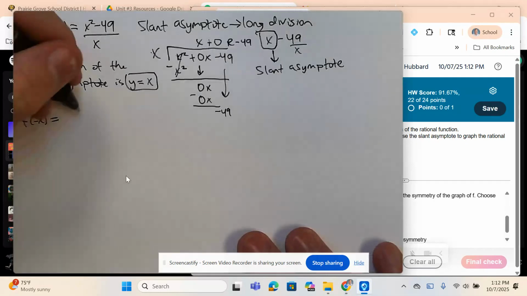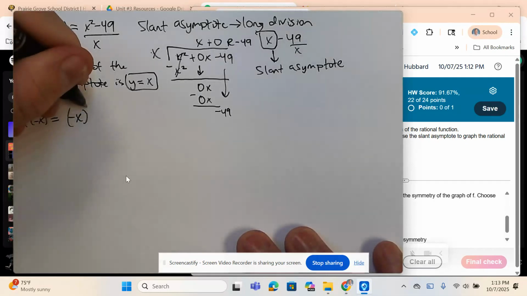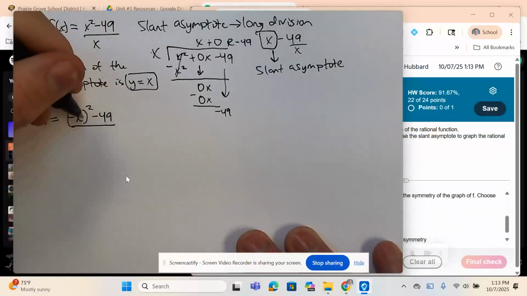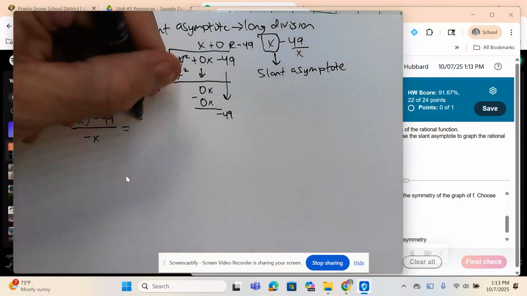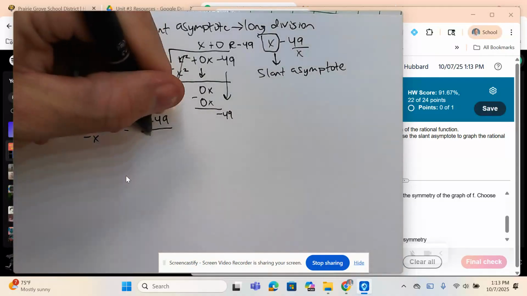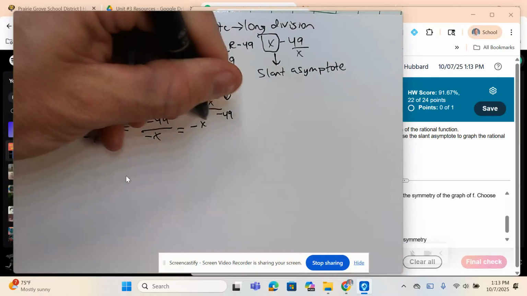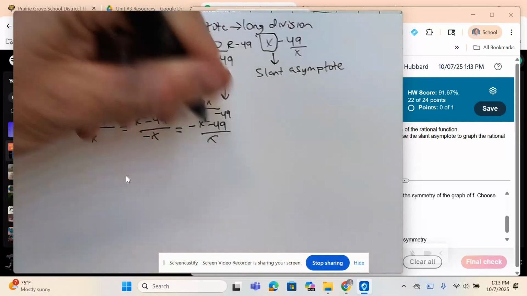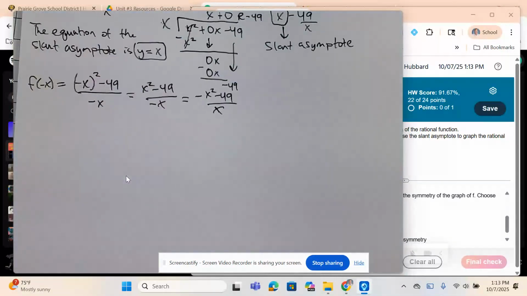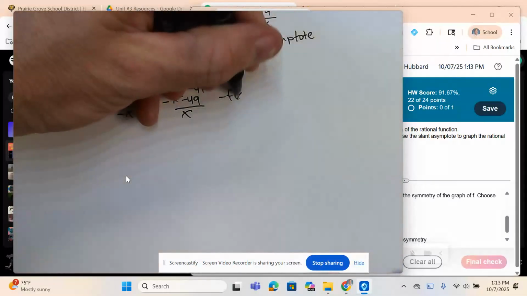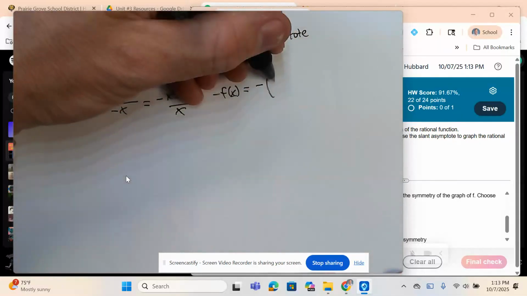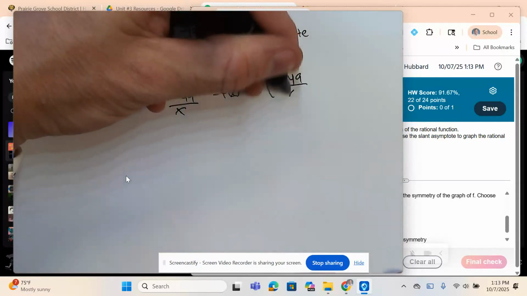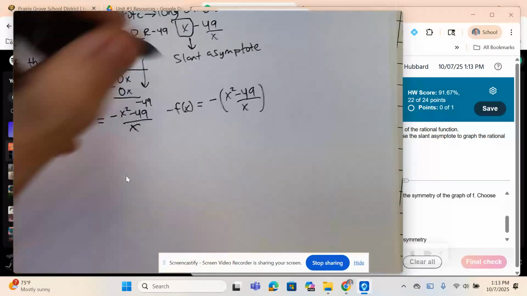Shout out to Quaid. That's a good observation. So x squared minus 49 divided by negative x, which you could say is negative x squared minus 49 divided by x. The whole thing's negative. And then negative f of x is the negative of the whole thing, which is the same thing as this.